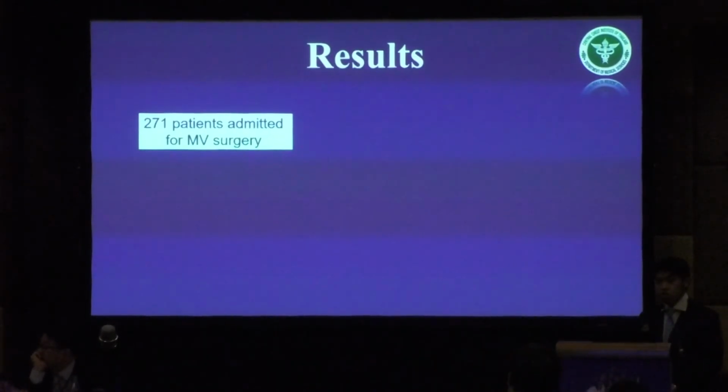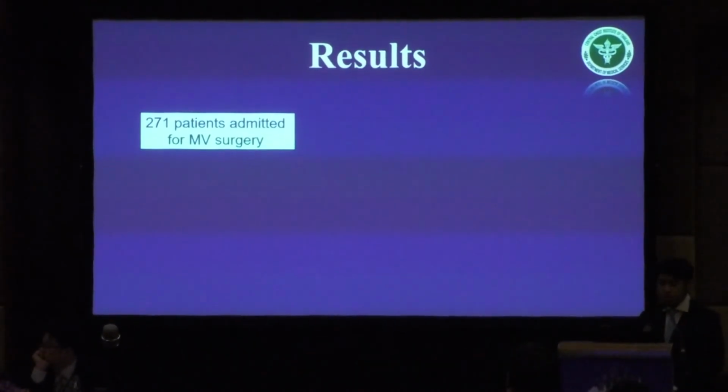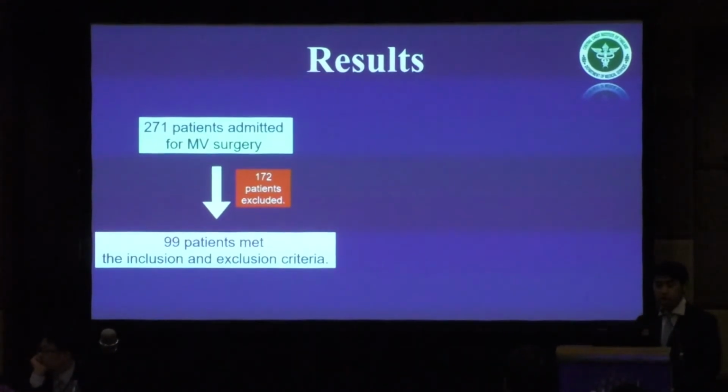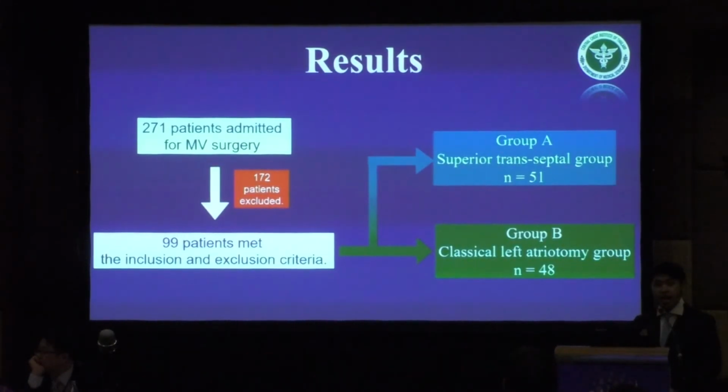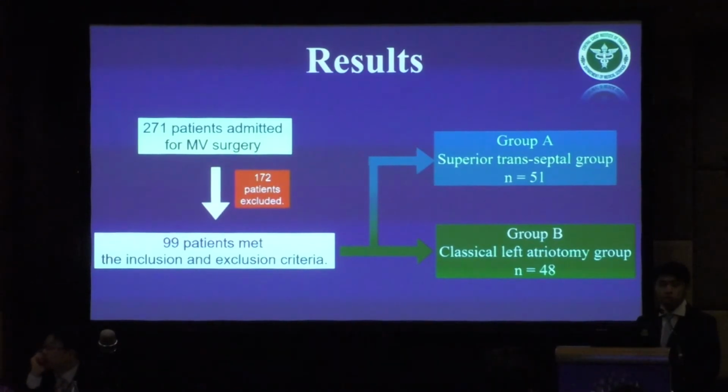So for the results, 271 patients were admitted for mitral valve surgery. 172 patients were excluded, mostly because of concomitant aortic valve replacement. 99 patients met the inclusion and exclusion criteria. Group A had 51 patients, and Group B comprised 48 patients.